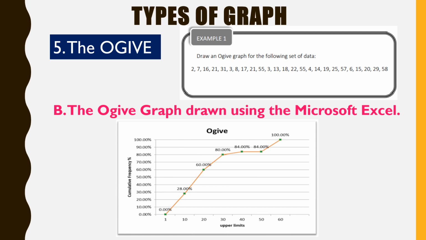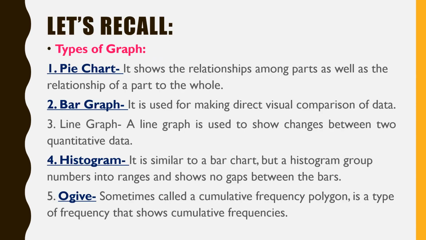Okay, so as long as you know the difference between the different types of graph, then we are good to go. Let us recall. Today we have learned about the different types of graph: the pie chart, which shows the relationship among parts as well as the relationship of a part to the whole. The bar graph, which is used for making direct visual comparison of data.